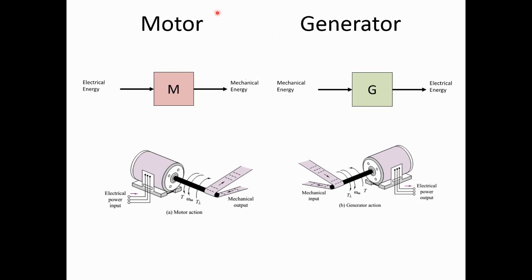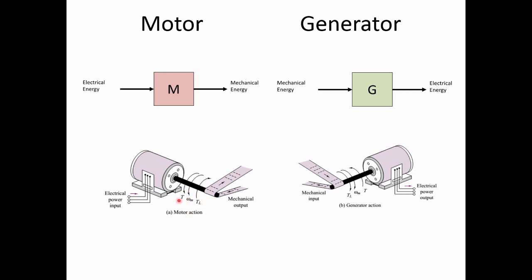So the thing that we've seen in the previous slide is when we provide electrical energy, we provide current or certain voltage here to the brushes, and then it will provide at the output of the machine a certain mechanical output which consists of torque and rotational speed, right?